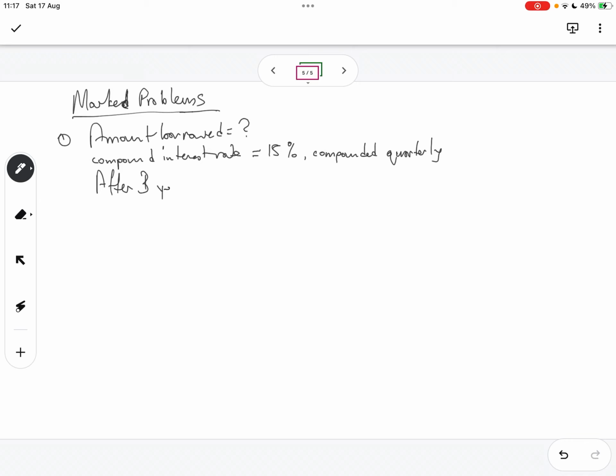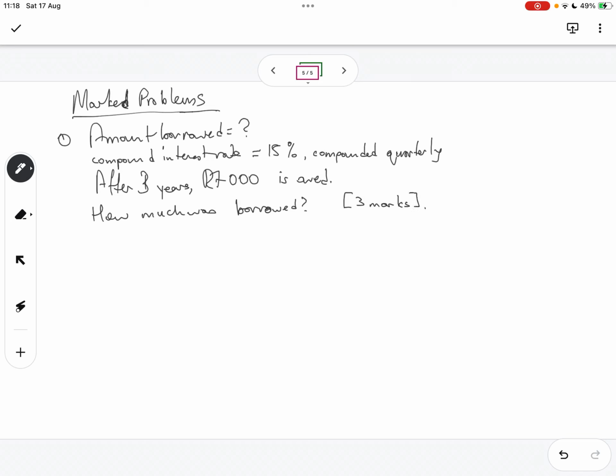All right. So after 3 years, $7,000 is owed. How much was borrowed? That's what we're going to find out.